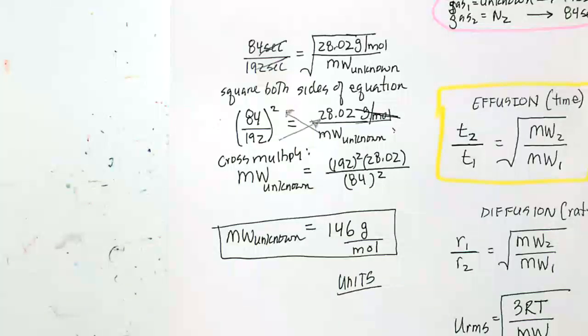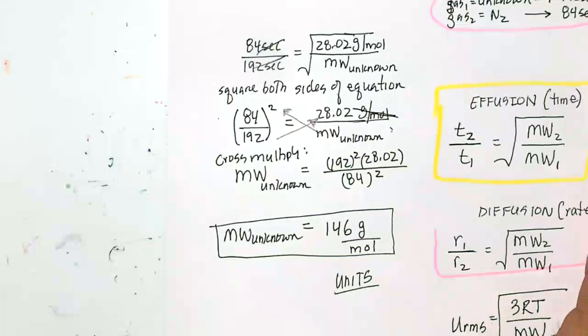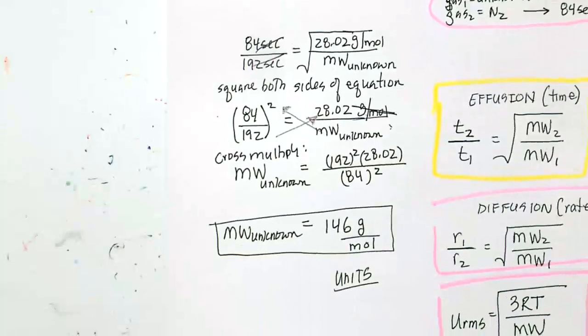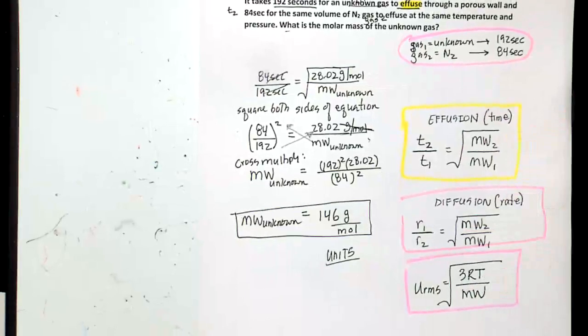So those are the three equations involving gas speeds, effusion times, and diffusion rates. We'll give you those three equations on the test.